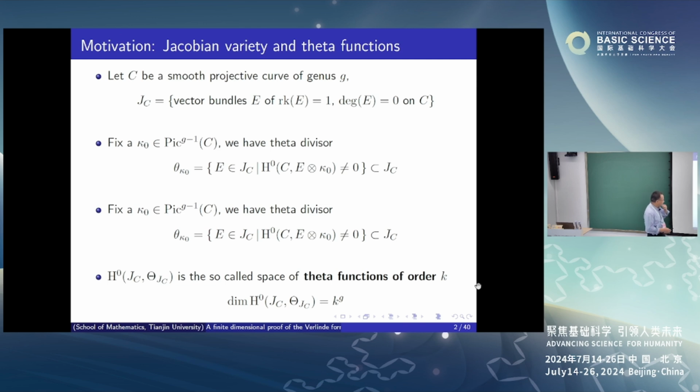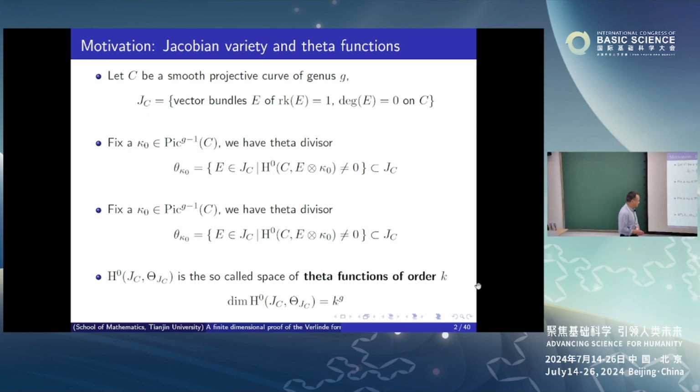Oh, I forgot, this should be the power of k. Sorry. So classical theory says that the dimension of the space of theta functions of level k is a power of k, k to the g.